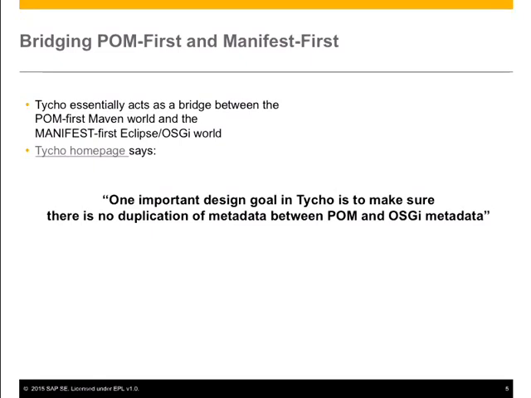And there's a statement on the Tycho homepage, I think it's from Jason Van Zyl, who originally contributed the project to Eclipse, saying that one of the important design goals in Tycho was to make sure that there's no duplication in metadata between POM and OSGi.